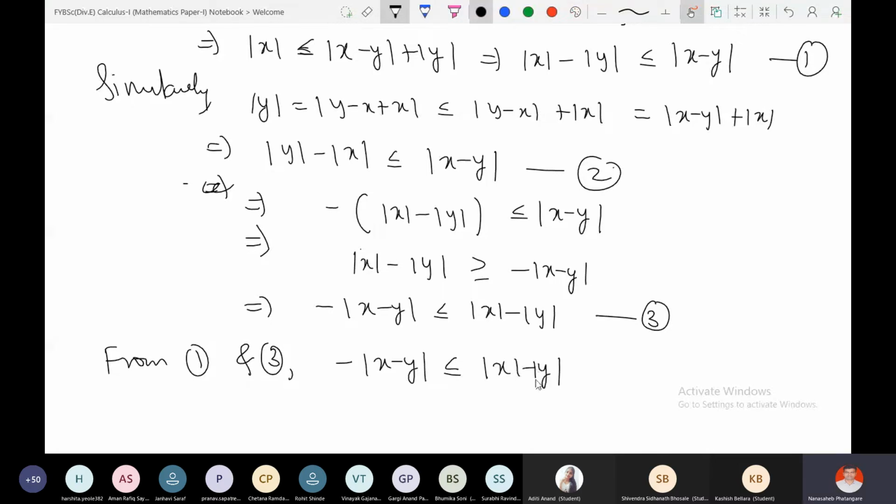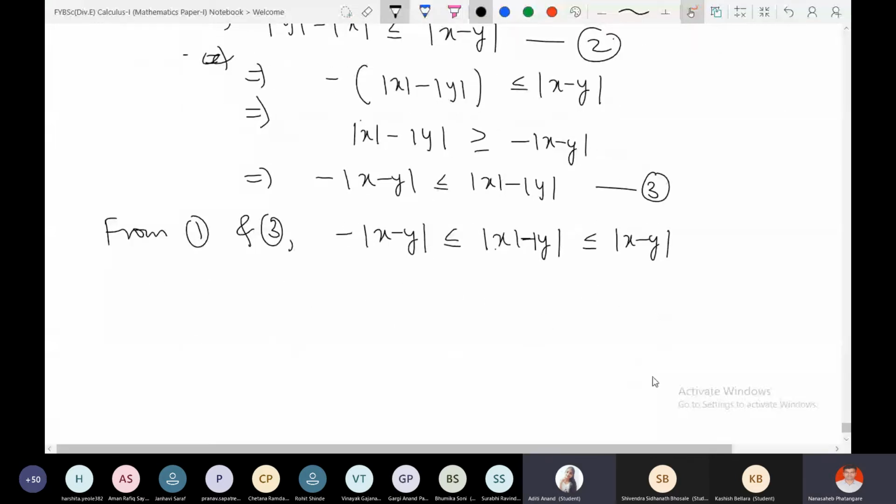Okay. Now what is expression 1? See expression 1. Absolute value of x minus absolute value of y. And where I am right now, absolute value of x minus absolute value of y. And therefore from 1, what is it? This is less than or equal to absolute value of x minus y. Very good.